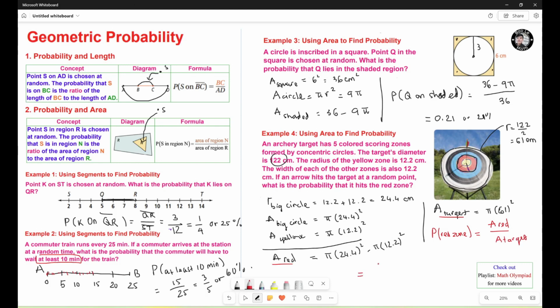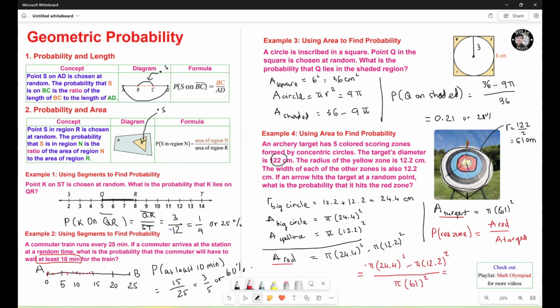So you just substitute the values: pi times 24.4 squared minus pi times 12.2 squared, over pi times 61 squared.